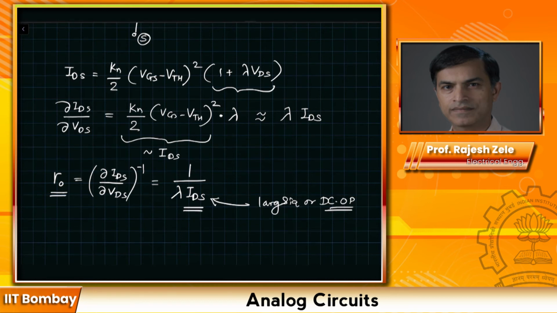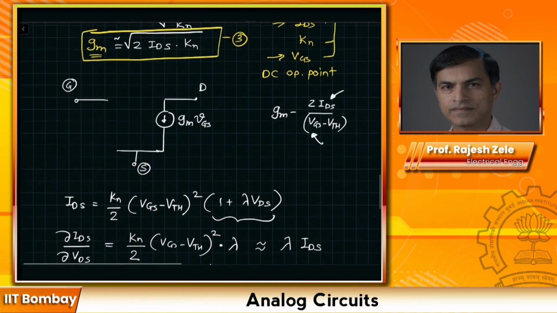Also, it's telling us that if I choose a device with larger channel length L, that will reduce our lambda. This is from the previous lecture, and as a result you will get R out increasing. And this is all making sense as we discussed earlier. Okay, so the next level of the model is going to look like this.